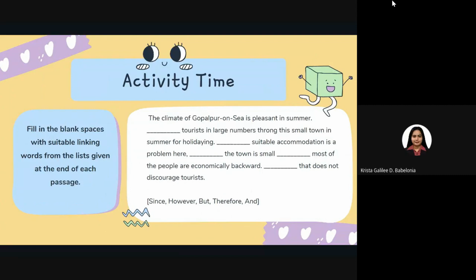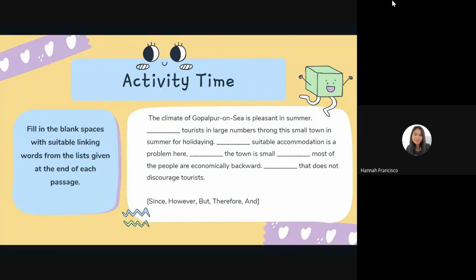Yes, Hannah. I'll just try, ma'am. The climate of Gopalpur on Sea is pleasant in summer. Therefore, tourists in large numbers throng this small town in summer for holiday.